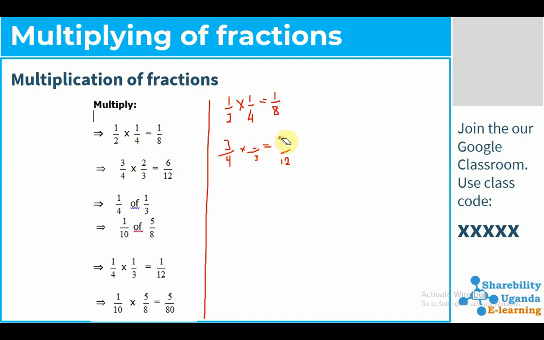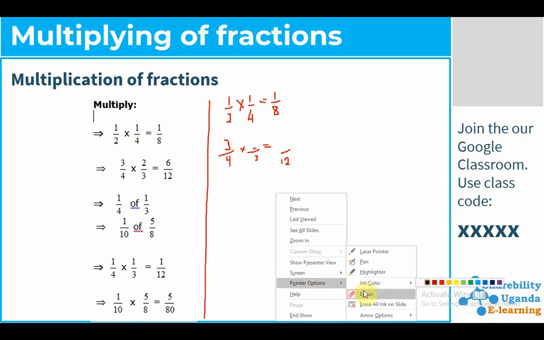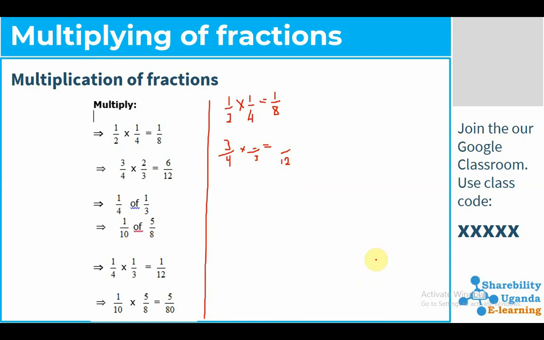Okay, that is good. So here was a 2, the one which was multiplied. So when you multiply this times this, you get a 6. So this is the answer they got.